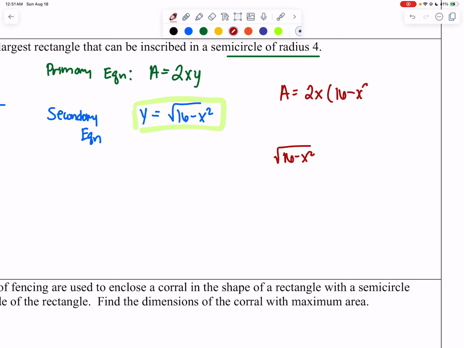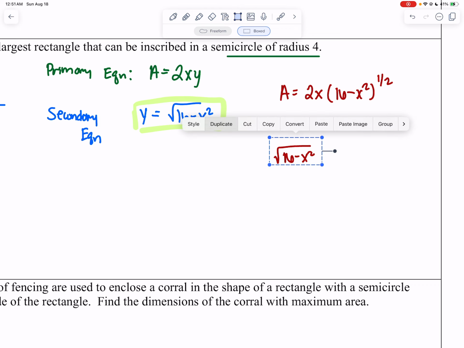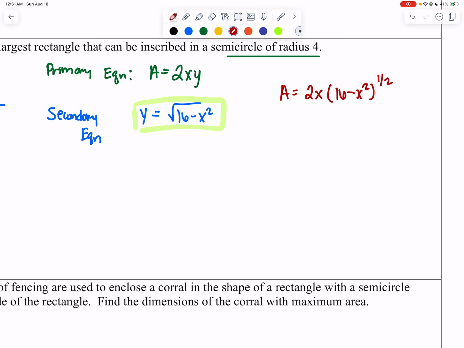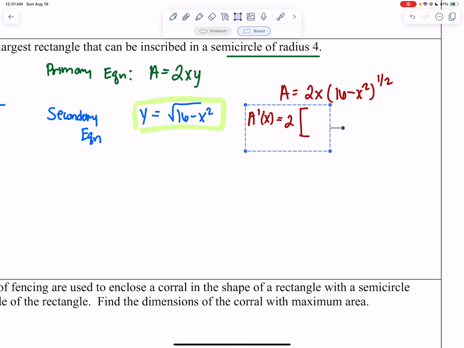I'm going to rewrite this so that it's 1/2, just to make my life a little bit easier. All right, whenever I'm taking the derivative of this, the 2 is just going to be a coefficient. I'm just going to take that out, and I'm only going to focus on x times 16 minus x squared to the 1/2.